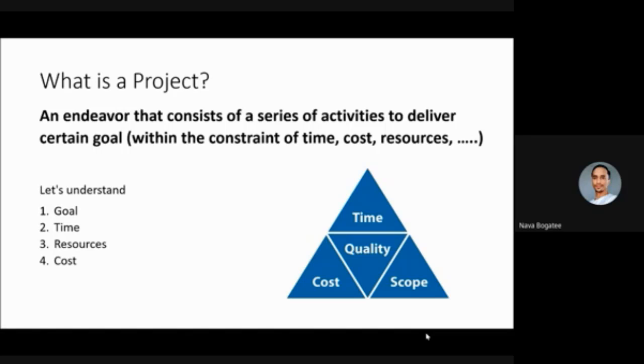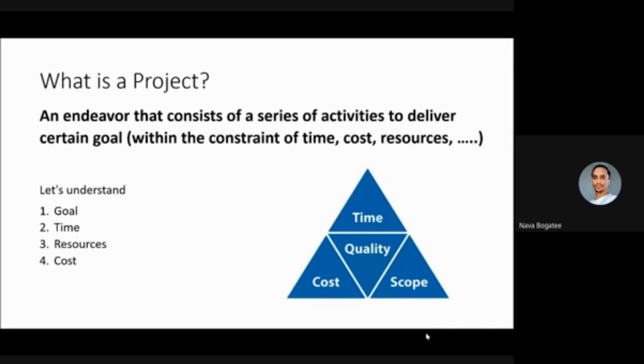In fact, a goal can be much more serious and much more specific. Basically, a goal is what you're trying to create by doing this project. What is the purpose of doing this project? That is a goal.